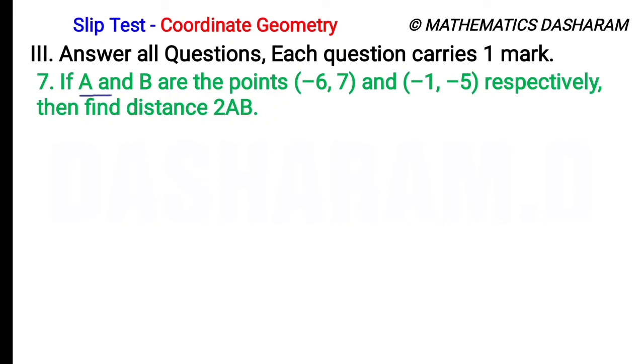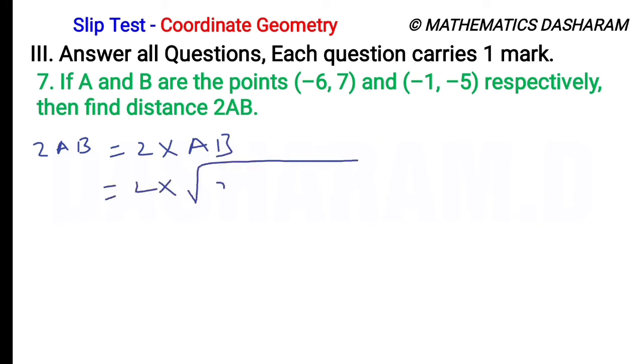Seventh question, if A and B are the points minus 6 comma 7 and minus 1 comma minus 5 respectively, then find the distance 2AB. So distance 2AB means 2 into AB. So 2 into, the formula is under root x2 minus x1 whole square plus y2 minus y1 whole square.